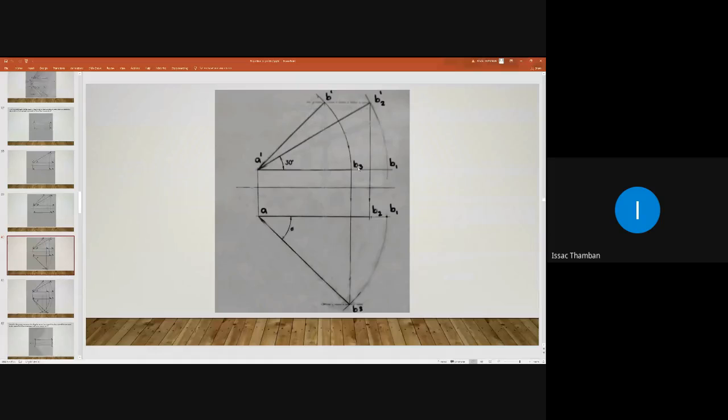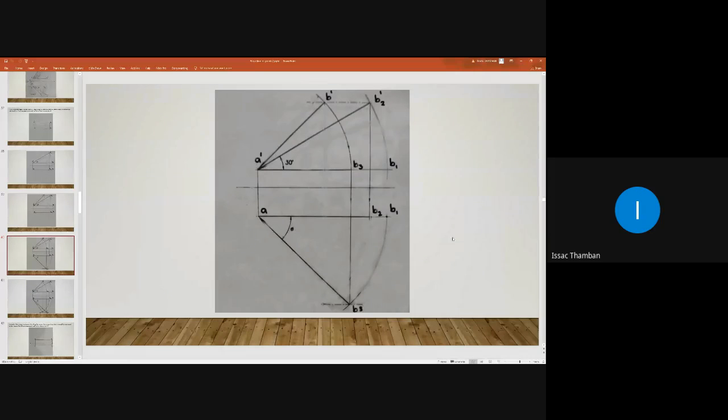Here line A dash B3 dash is parallel to HP and inclined to VP. Actually it was inclined to both reference planes, and we are making it parallel to one of them. In that situation, in the plan, it should reveal its true length. So, you draw this vertical projector.